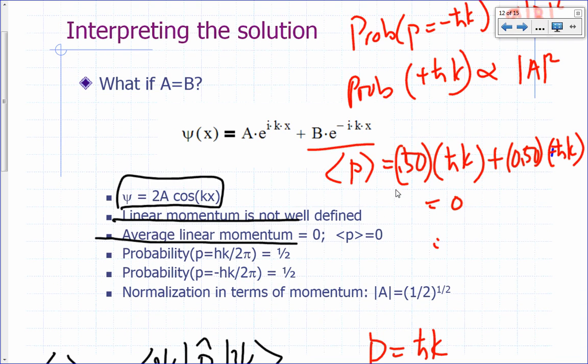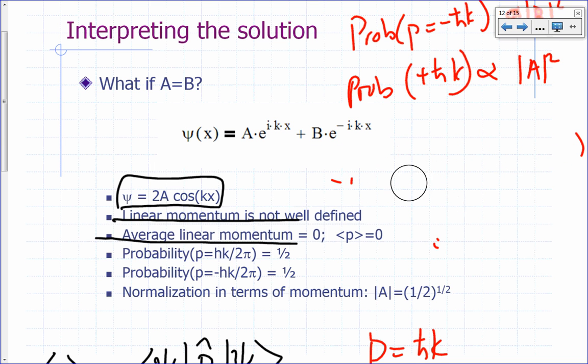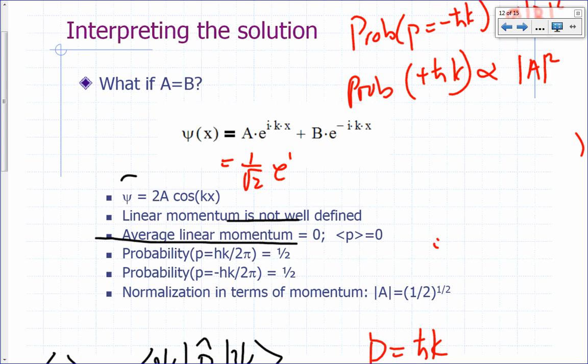So in other words, we can normalize this. What should A and B be in this case? Since A and B are going to be the same, we're going to say this is 1 over square root of 2 e to the ikx plus 1 over square root of 2 e to the negative ikx.